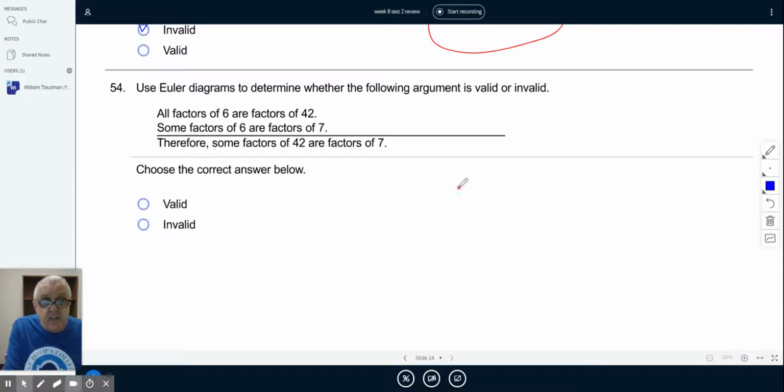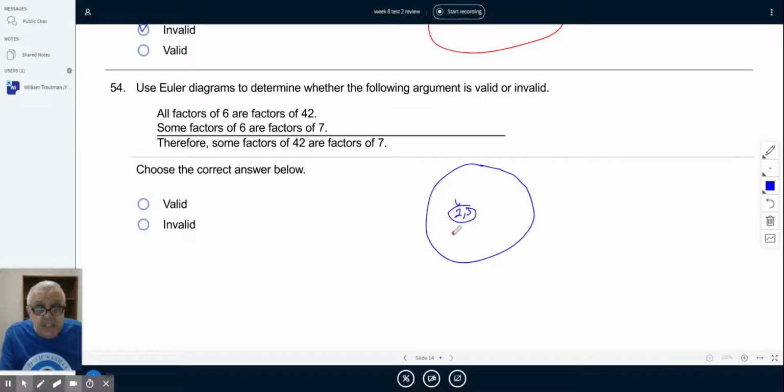First of all, I'm going to put factors of 42 up here. Factors of 6 are 2 and 3. By the way, those are factors of 6, things that divide into 6 evenly. Things that divide into 6 are 2, 3.